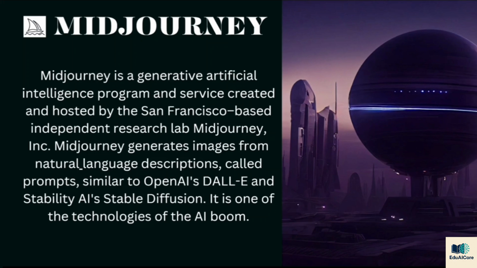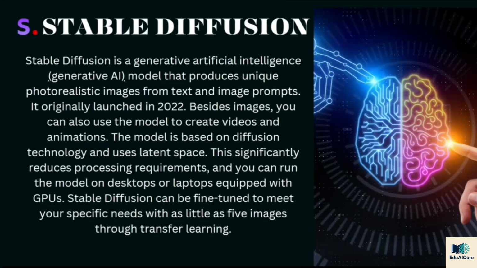And lastly, we are going to talk about Stable Diffusion. Stable Diffusion is software by Stability AI. It is basically a generative artificial intelligence, or you can also call it generative AI, and that model produces unique photorealistic images from text and image prompts.